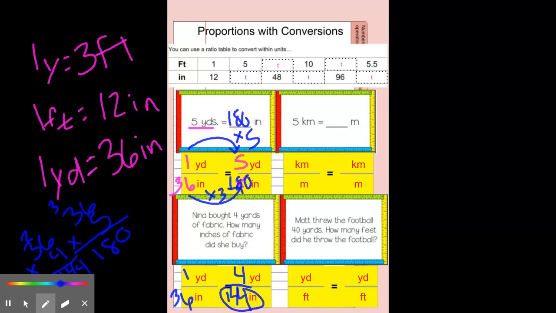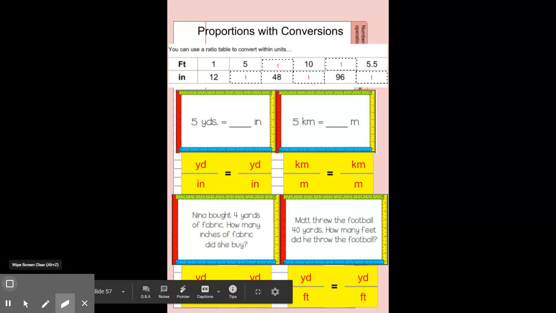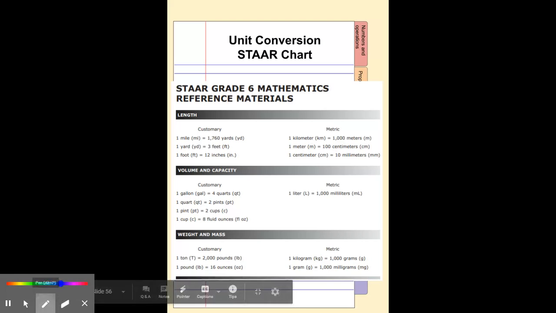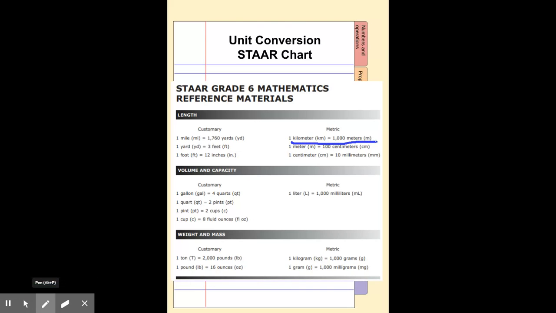Okay, the next one, we're going from kilometers to meters. So I'm going to go back to our chart, and I'm going to find kilometers to meters. Again, we're still in length, and we're on the right side. So 1 kilometer is 1,000 meters. That's what we need.